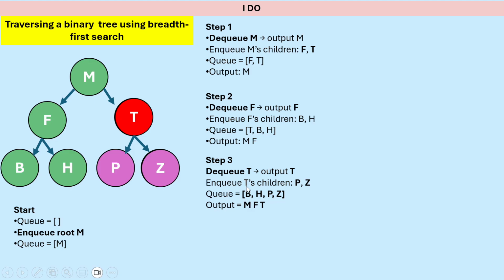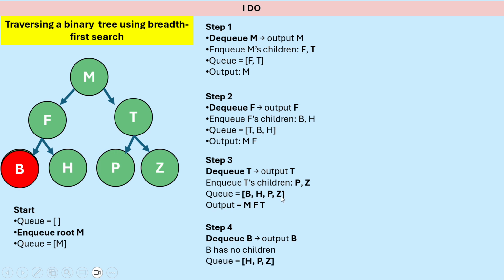So step 4, we're going to dequeue the letter B. B does not have any children, so there's nothing to enqueue. So that means that on our queue, if we had B, H, P, Z, with dequeue B, it means we have H, P, Z. So the output when we print this out would be M, F, T, B. We'll look at our queue again, step number 5.